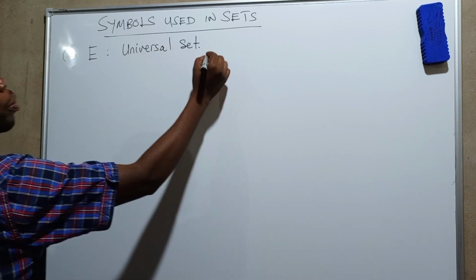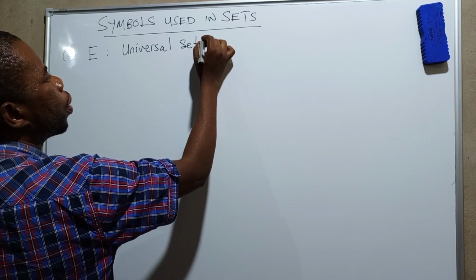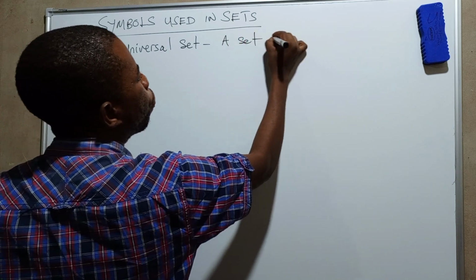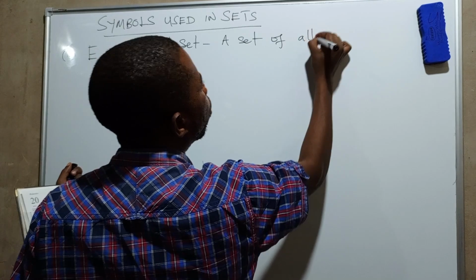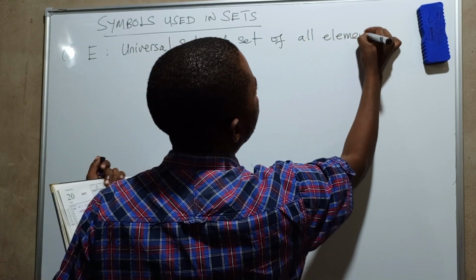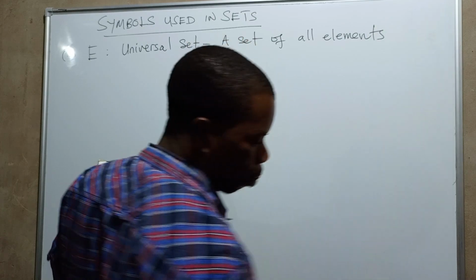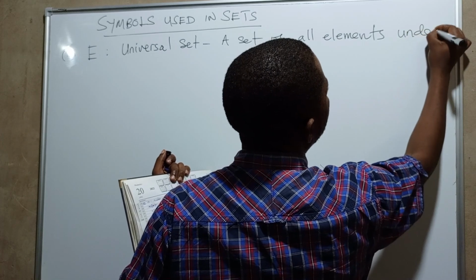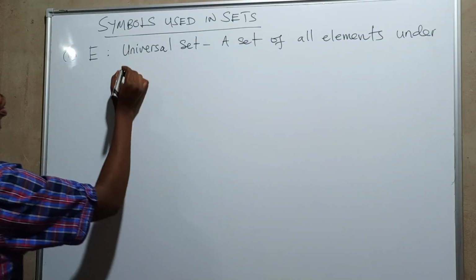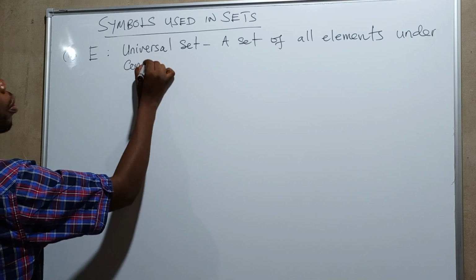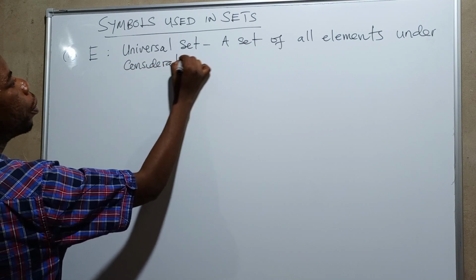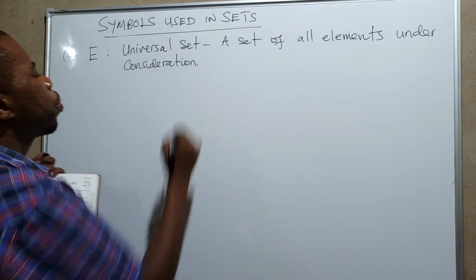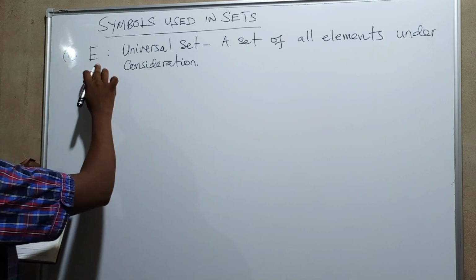A set of all elements under consideration. That's what a universal set is. So it is represented by that.